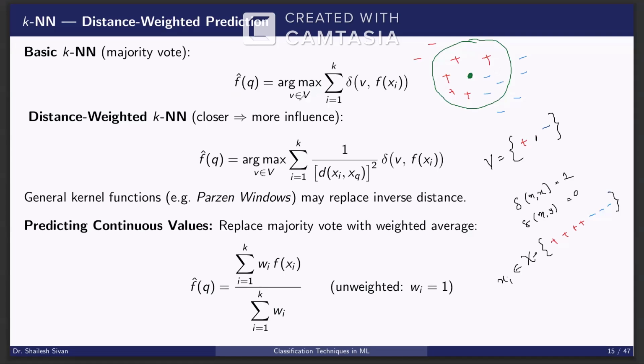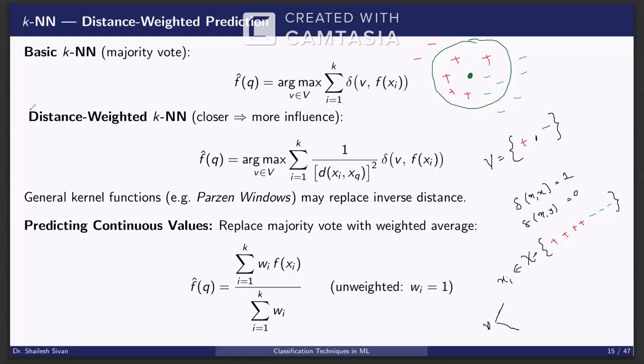We have to choose a V. V can be either plus or minus, right? If there are more possibilities, you can do like this.